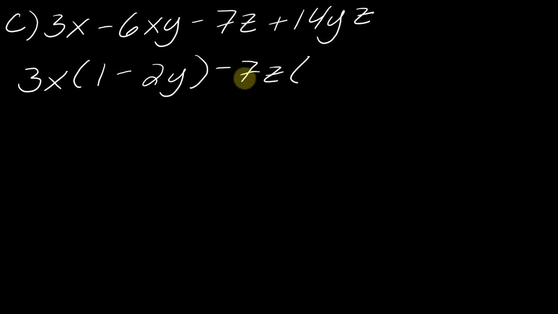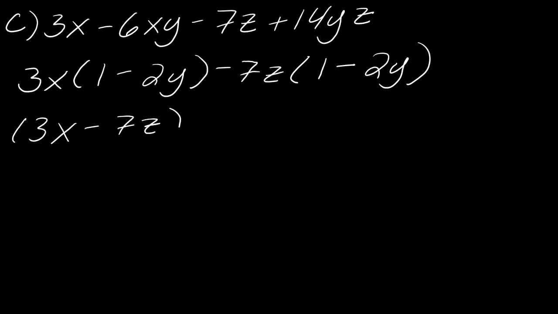So negative 7z divided by itself will become a positive 1, but be careful with the next one. 14yz divided by the negative is going to turn this into minus, right? It's got to flip the sign, minus 2y. And now we can finish the grouping. So this will be 3x minus 7z times 1 minus 2y. That'll be the final answer in that case.